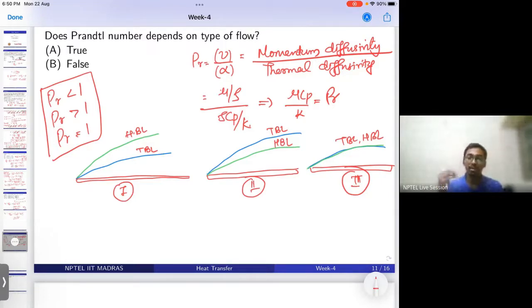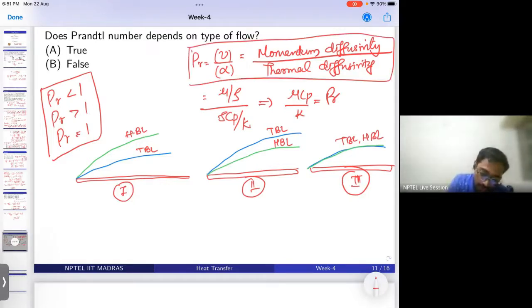If it is velocity, it is from 0 to free stream velocity, and in terms of temperature, it is from the plate temperature to the free stream temperature. So if you see the first case, the momentum travels faster than heat.